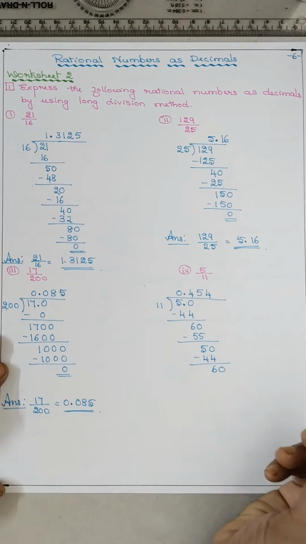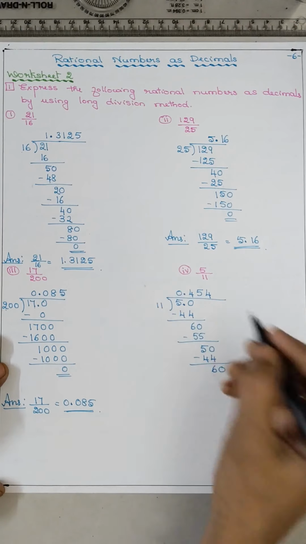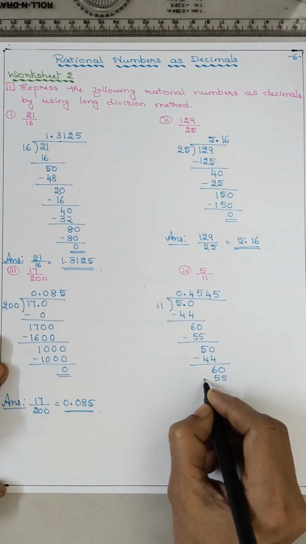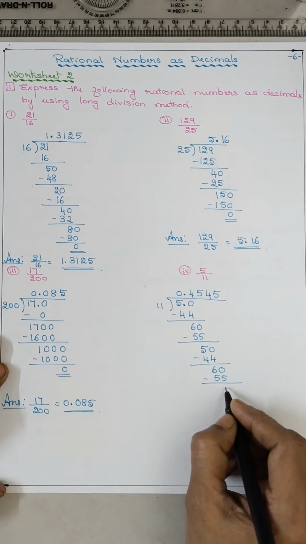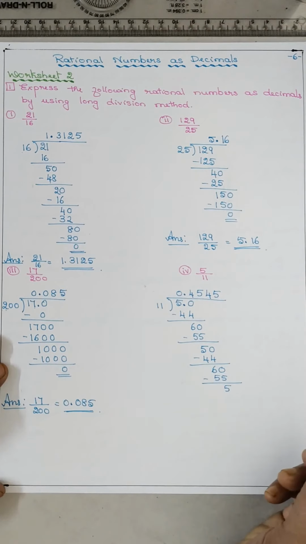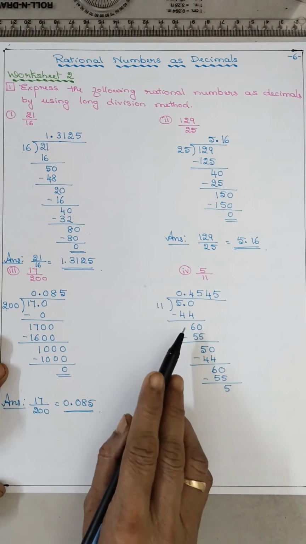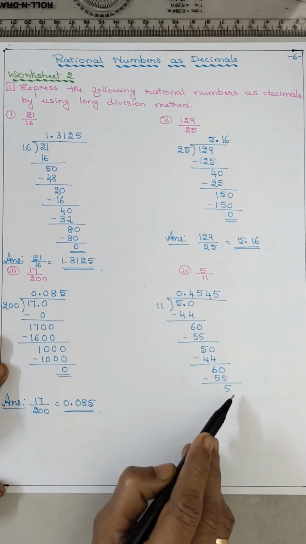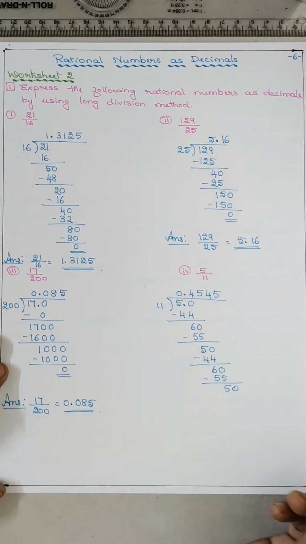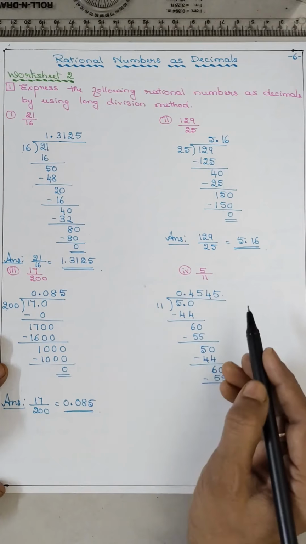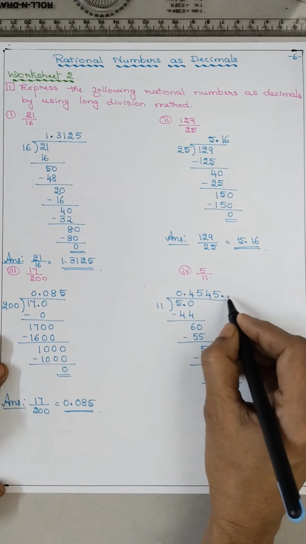Take extra 0. 11 how much are 60? 11 5s are 55. Is it repeating? So it is 50, 50. 60, 60. Again it will be 50. Here see 4 5 4 5. It is repeating.